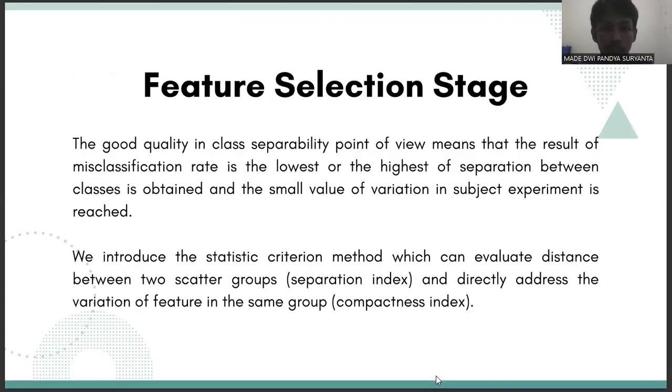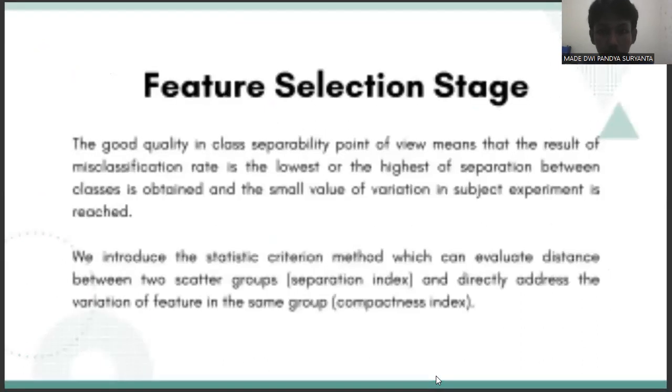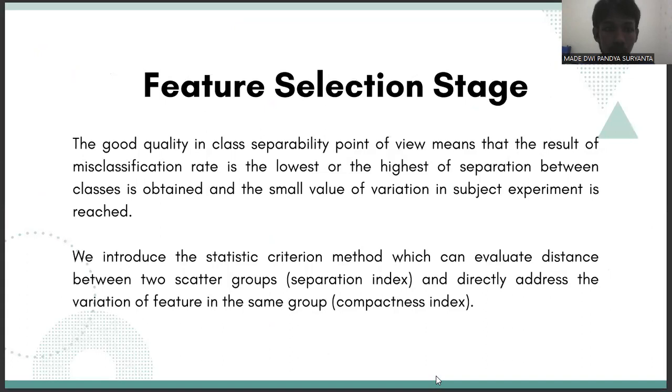Evaluation stage. Good quality from a class separability point of view means that the lowest misclassification rate or the highest separation between classes is obtained, and a small value of variation in subject experiment is reached.